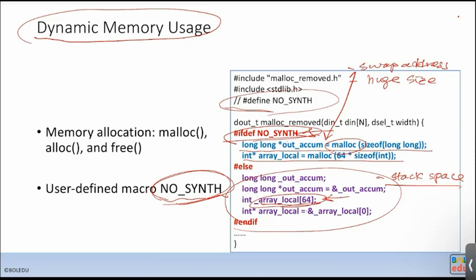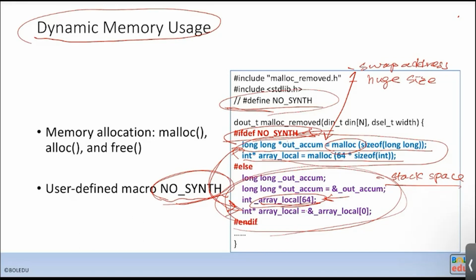When you run the HLS, you don't define this NO_SYNTHESIS, then you will use the static memory allocation. And this is the way you convert from the dynamic memory allocation to static memory array allocation. So you are not allowed to use dynamic memory allocation for the HLS code.